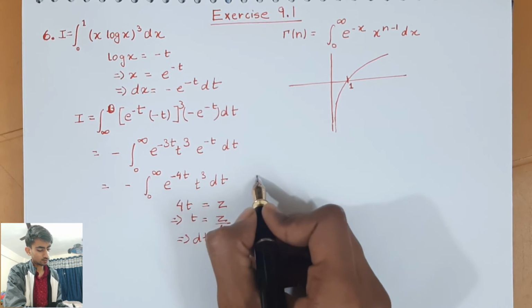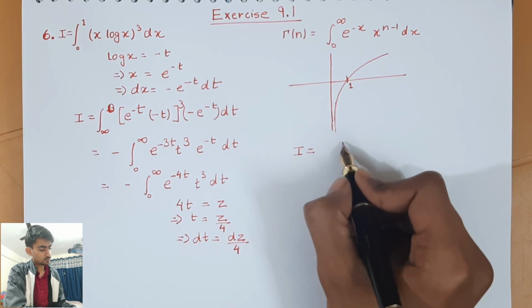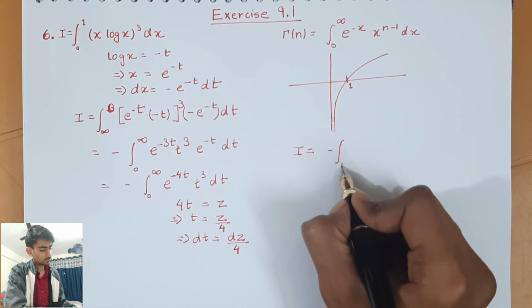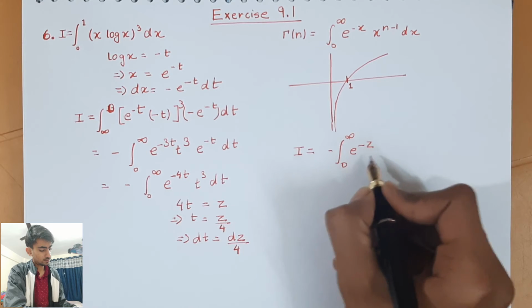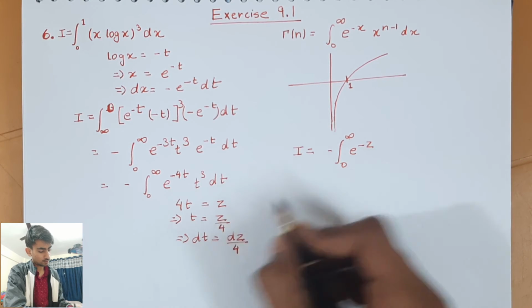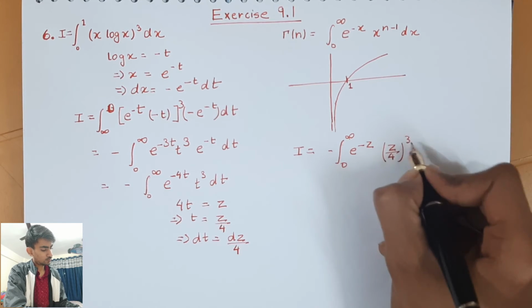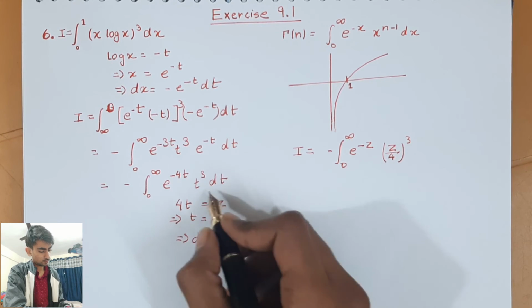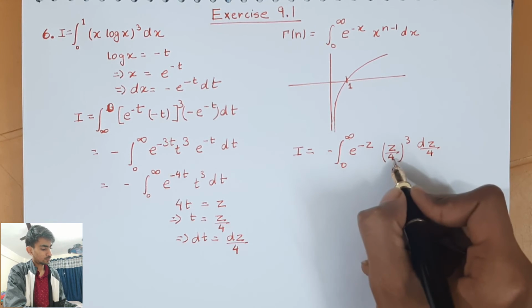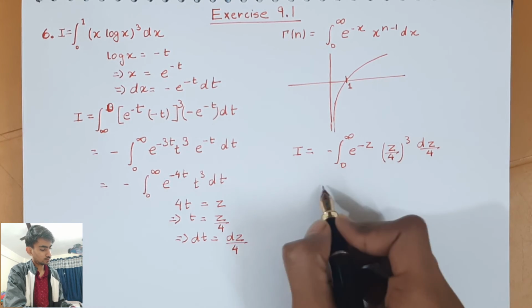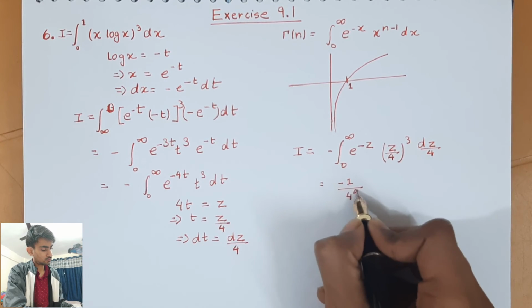On putting the values in the integral, we'll get I is equal to minus of integral 0 to infinity e to the power minus z. In place of t I would write z by 4 cubed, and for dt I would write dz by 4. To the power 3 plus 1, it would be minus 1 by 4 to the power 4.